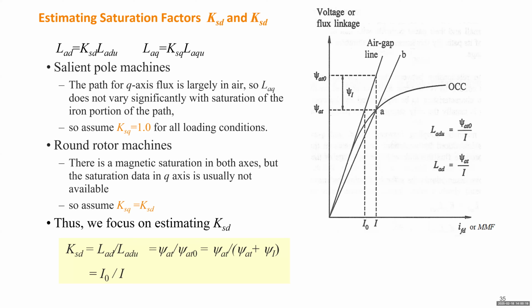Or third, for the current with saturation, you have to have current I to generate the flux linkage. Without saturation, you can reduce the current to I0. So dividing I0 by I, you can also get the same factor. So there are a number of ways you can estimate that factor.